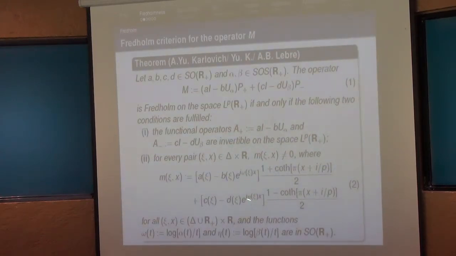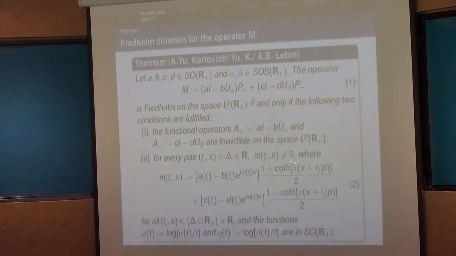This omega and eta are related with such functions, logarithm of alpha of t divided by t and logarithm of beta of t divided by t. So these are exponents of derivatives. And this is the influence of operators P plus minus related with the Cauchy singular operator.